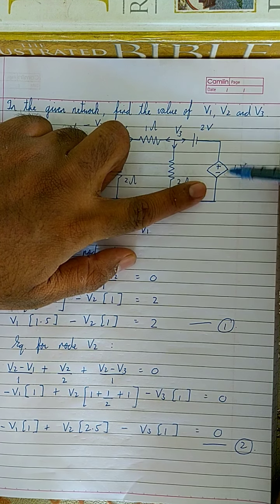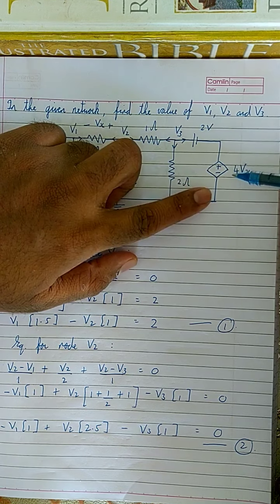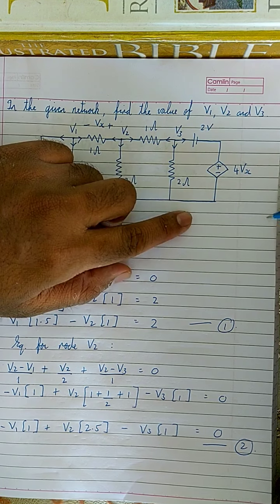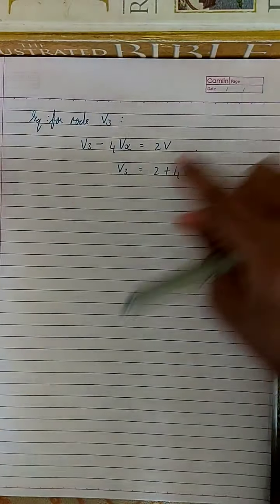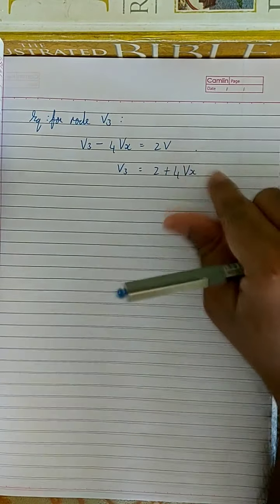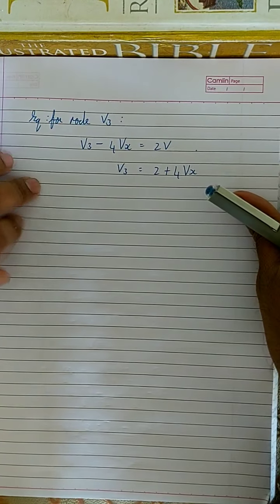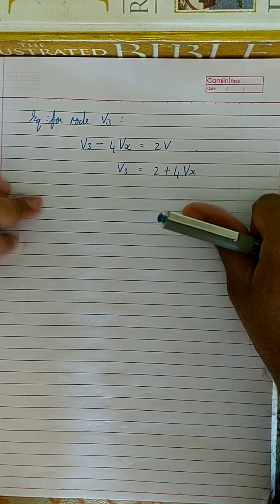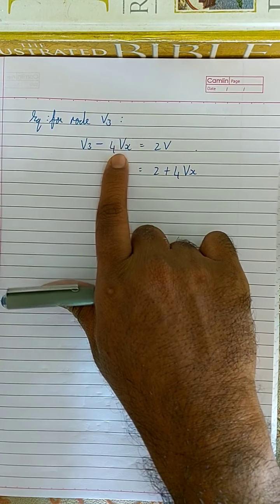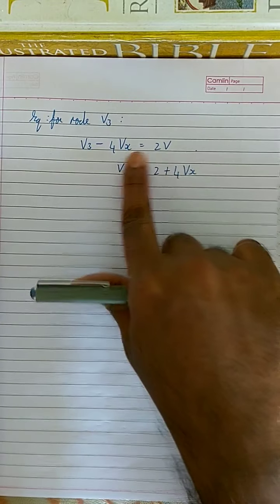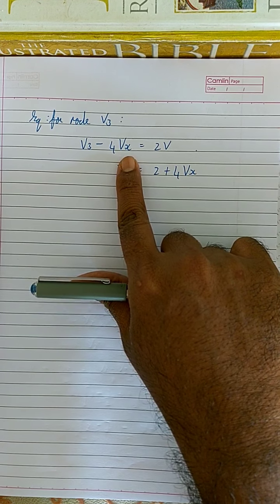Why it is plus 4Vx is because this voltage source and this voltage source are in series with each other. So you can apply either method, you will get the same equation.